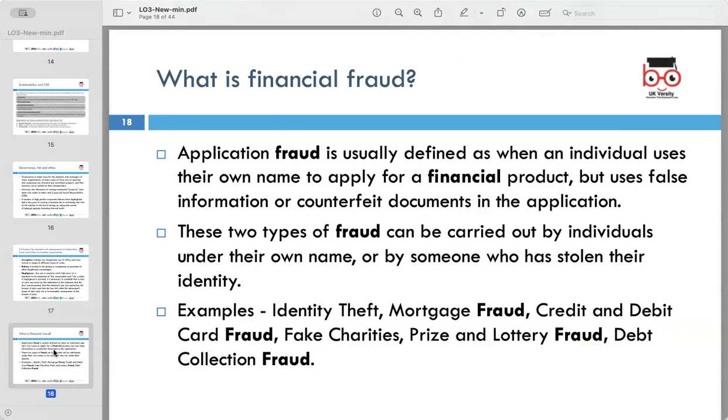Financial fraud, as you can see here. Application fraud is usually defined as when an individual uses their own name to apply for a financial product but uses false information or counterfeit documents in the applications.